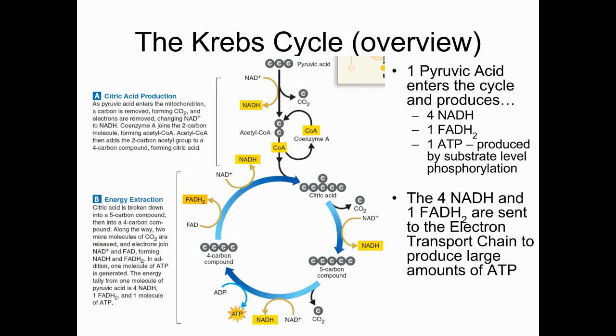Coenzyme A is a key coenzyme. So this is part of an enzyme process here. Coenzyme A binds to the acetyl group and incorporates it into citric acid. How many carbons does citric acid have? 1, 2, 3, 4, 5, 6. So really, it's not shown, but there's a 4-carbon molecule here.